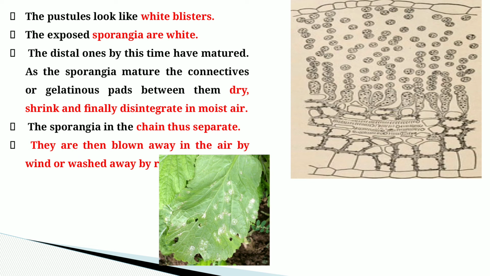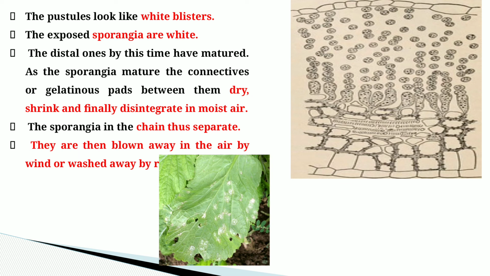The distal ones by this time have matured. As the sporangia mature, the connective or gelatinous pads between them become dry, shrink, and finally disintegrate in moist air. We already discussed that all the sporangia are connected to each other with the help of connective or disjunctor pads. When they mature, these gelatinous pads become dry, shrink, and finally disintegrate in moist air.